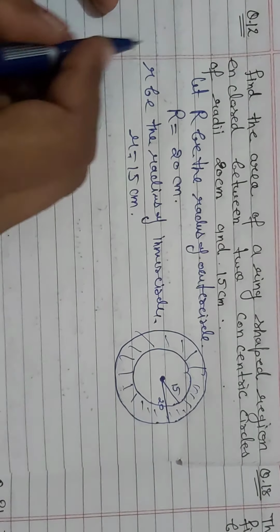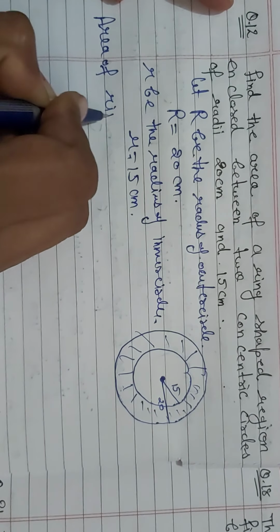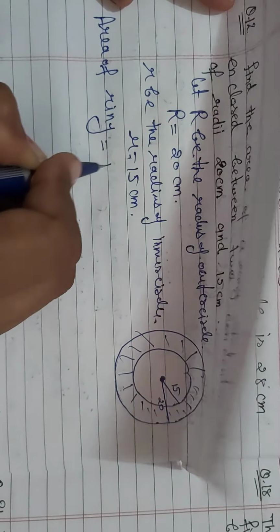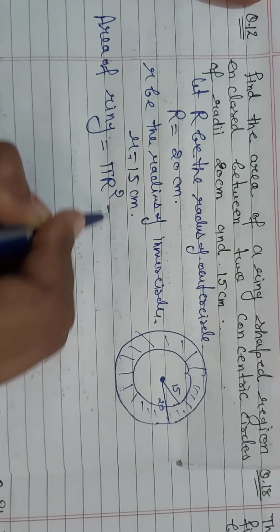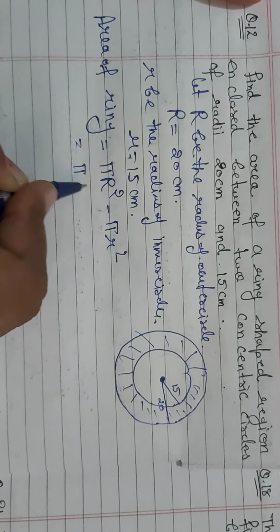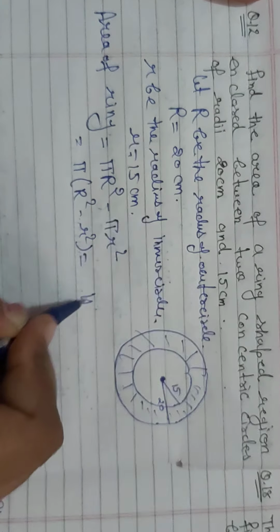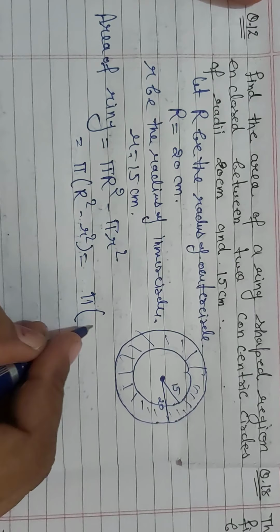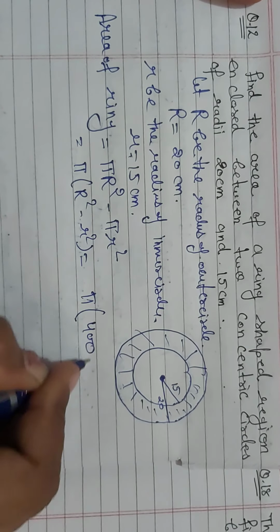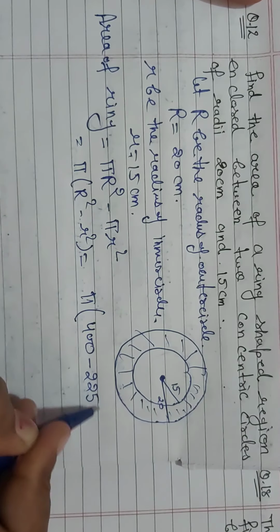Area of ring shaped. Area of ring equals pi R square minus pi r square, and this equals pi, comma, R square minus r square. R square is 20 square, 400, minus small r square, 15 square, 225.